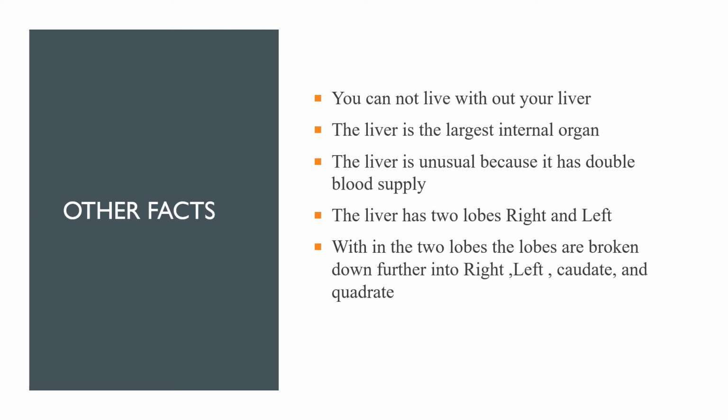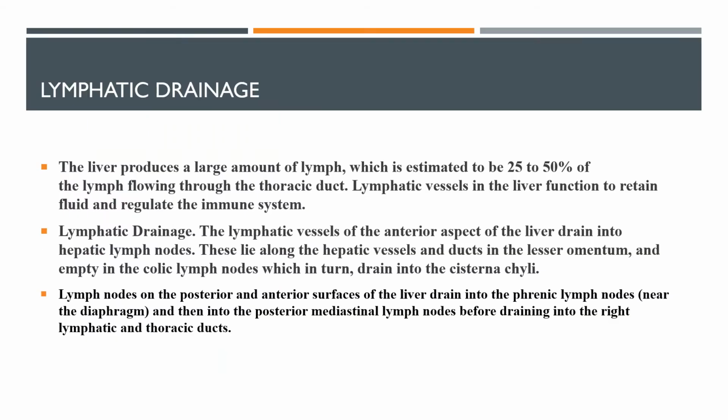The liver is the largest internal organ, and you cannot live without your liver. The liver produces a large amount of lymph, which is estimated to be 25 to 50% of the lymph flowing through the thoracic duct. Lymphatic vessels in the liver function to retain fluid and regulate the immune system. Lymphatic vessels of the anterior aspect of the liver drain into the hepatic lymph nodes.